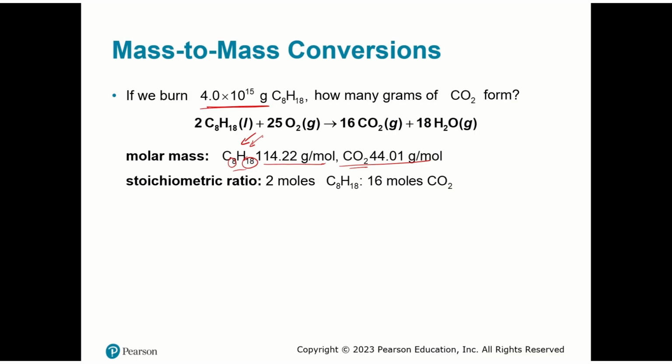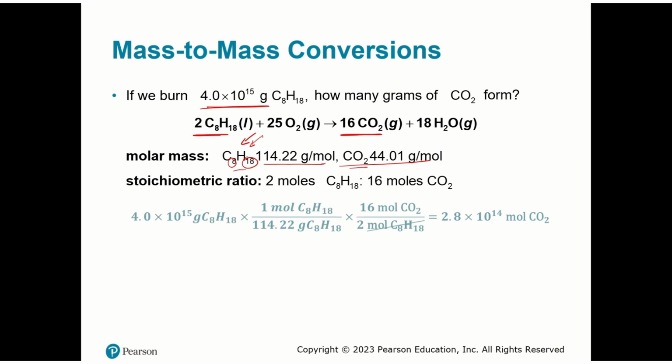I know the stoichiometric ratio that 2 moles of octane will produce 16 moles of CO2. First step, convert grams to moles. I'm using the molar mass to find moles of octane, because the grams will cancel out and we'll stay with moles, okay?